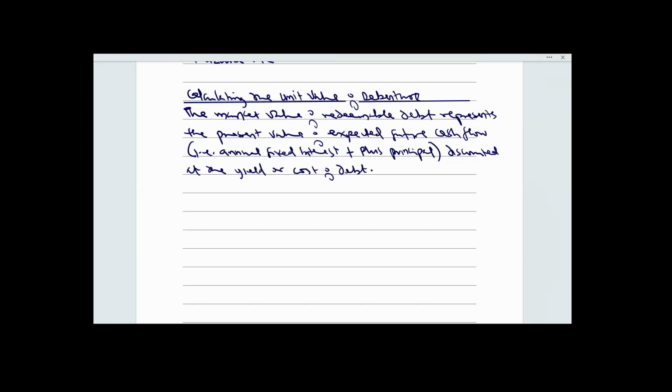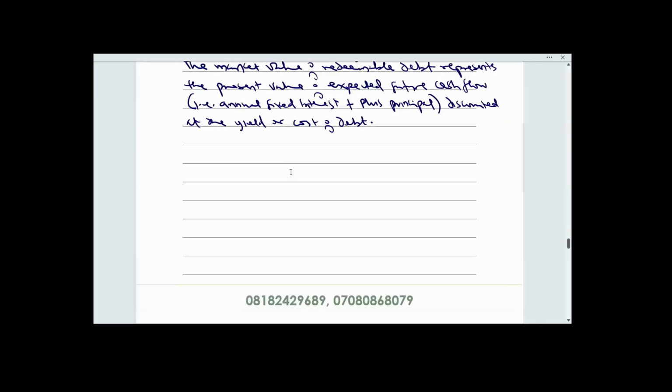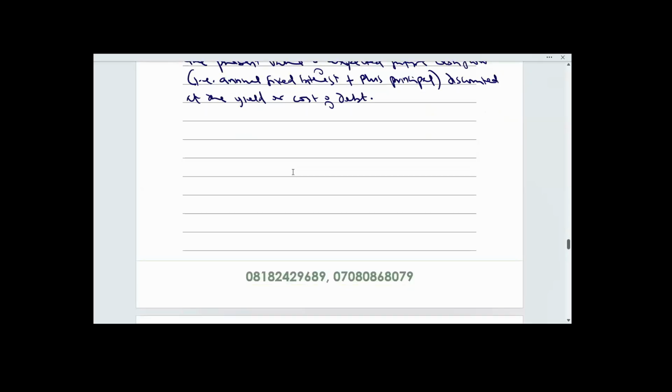This is the meaning of market value of redeemable debt. Whenever you are asked to calculate the market value of redeemable debt, simply go ahead and calculate the present value by multiplying the cash flows with the discount factor or with the annuity factor. Add it together, you get your answer.